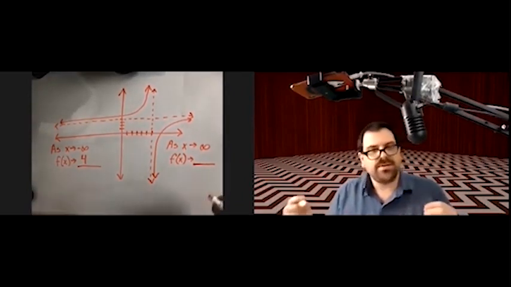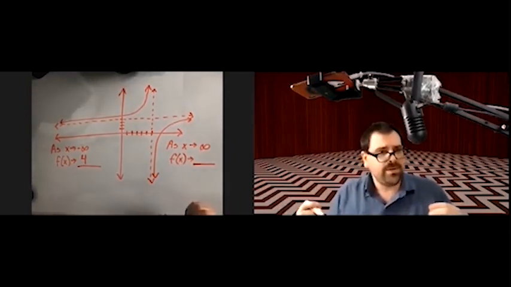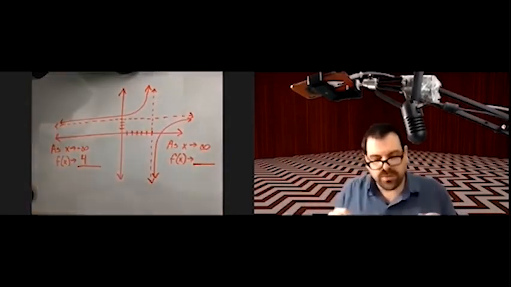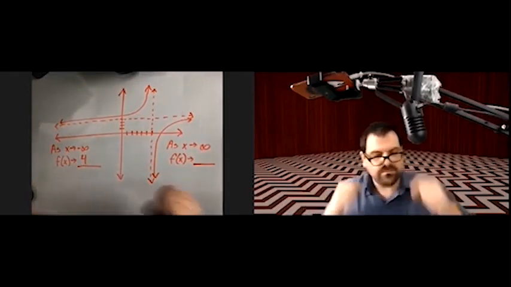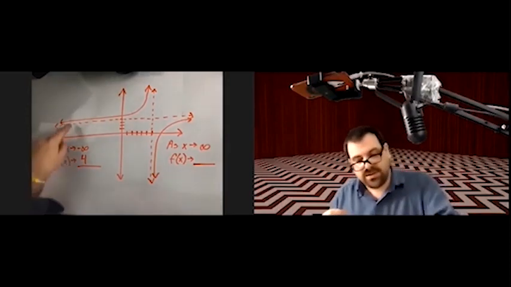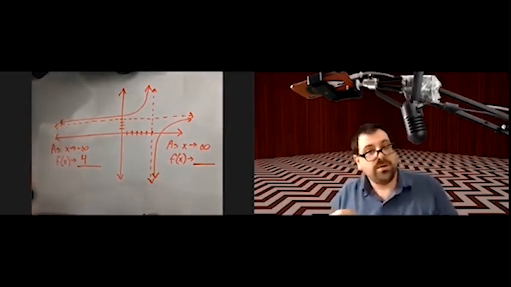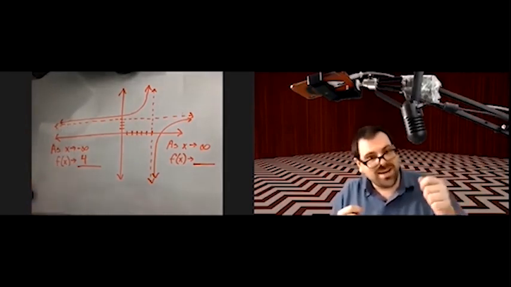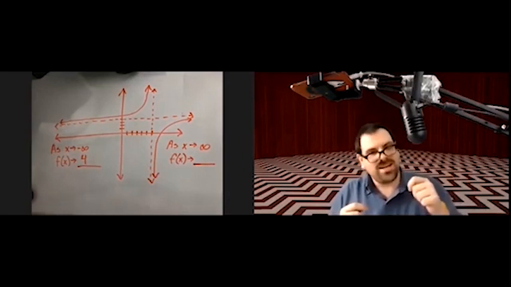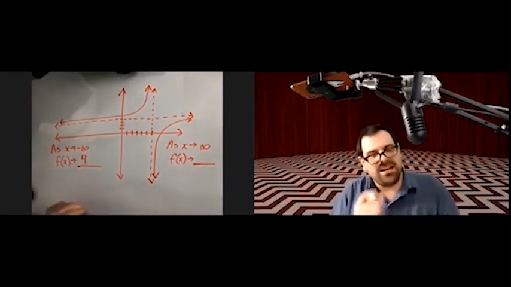Asymptotes tell us where the function does not exist. Whatever this function is, if we were to put a whole bunch of different x values in, it'd get closer and closer to an output of 4: 3.9, 3.99, 3.999, 3.9999999, but we're never going to hit 4.